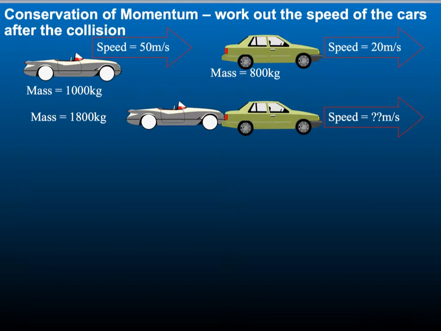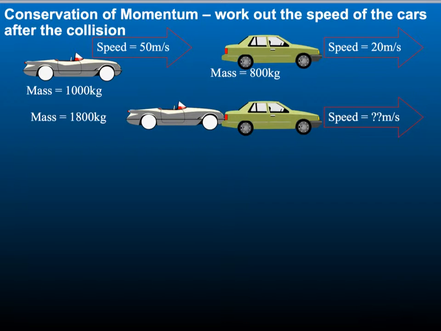Now in this question, we've got a silver car with a mass of 1,000 kilograms, travelling with a velocity of 50 metres per second. And we've got the green car with a mass of 800 kilograms, travelling at a speed of 20 metres per second in the same direction. Then after the collision, the silver car and the green car are in contact with each other, so we can now class them as one object.